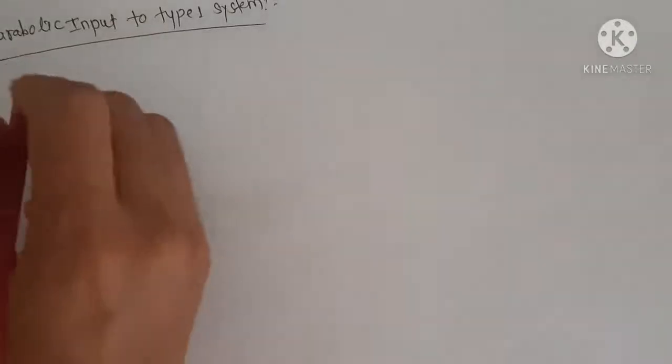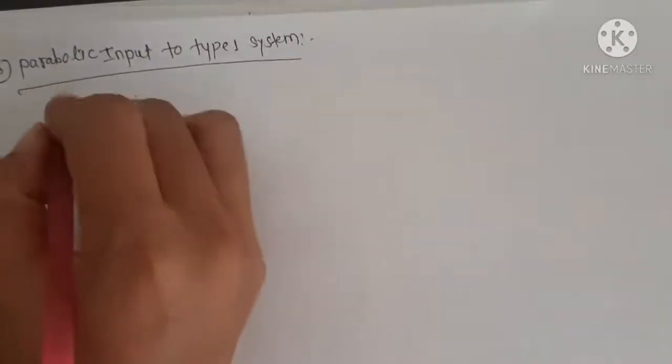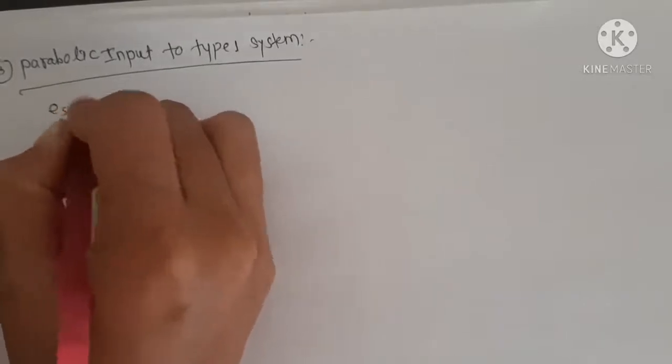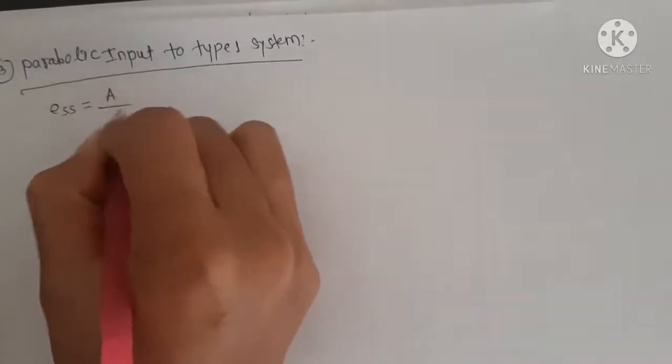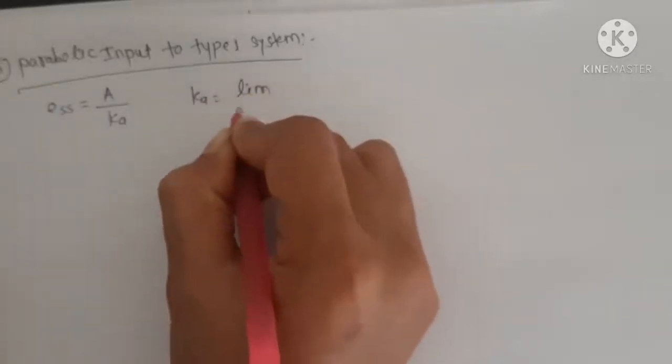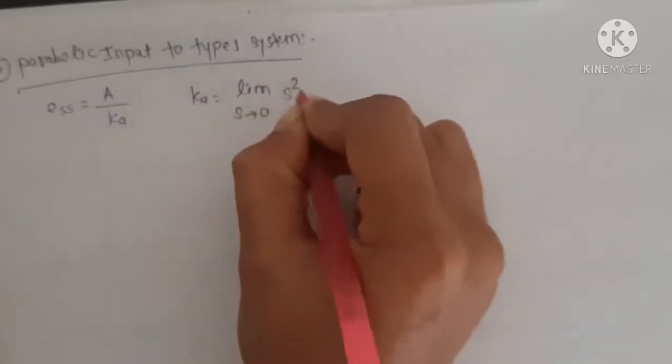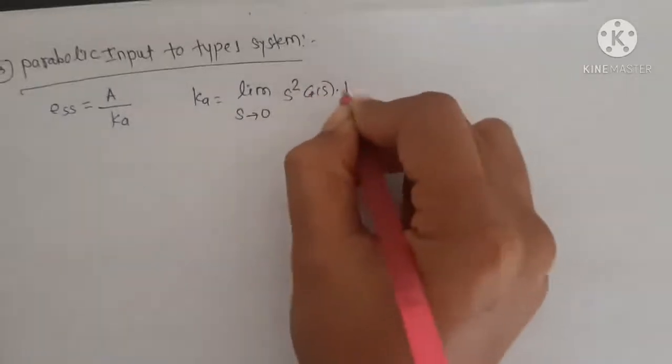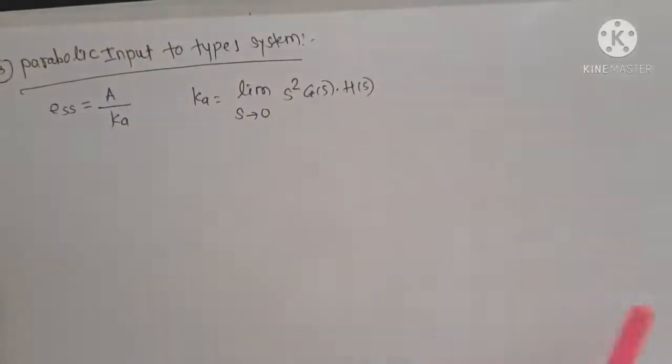So what is the value of ESS for parabolic input? It is ESS is equal to A upon Ka, and Ka is nothing but the limit s tends to 0 of s square G(s) into H(s).